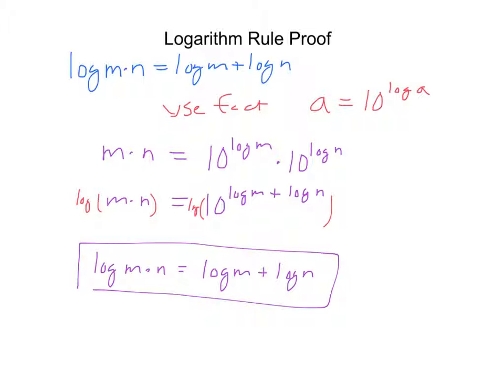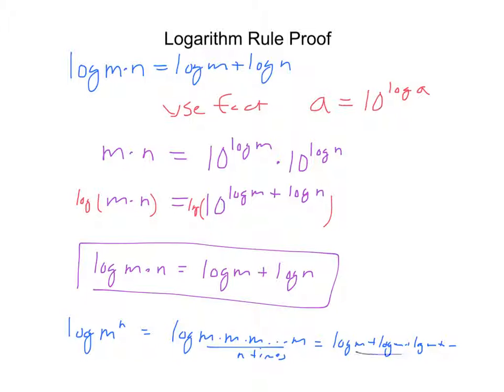So because of this, it actually has to be true that the logarithm of m to the n, well really that's logarithm of m times m times m, n times. And when you're doing this m times, so you got m times m times m, that's really equal to log m plus log m plus log m, n times, and that's just multiplication.